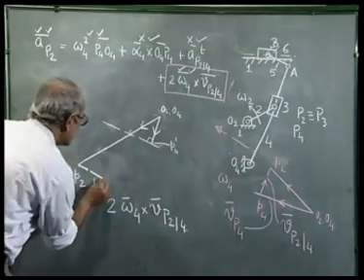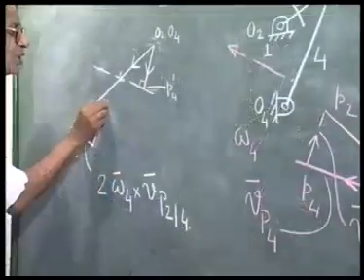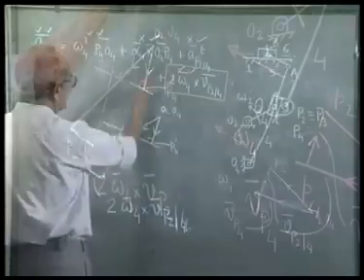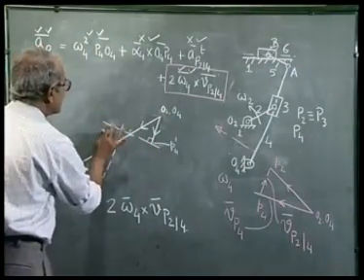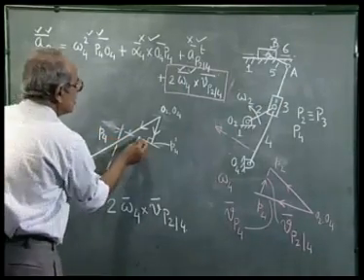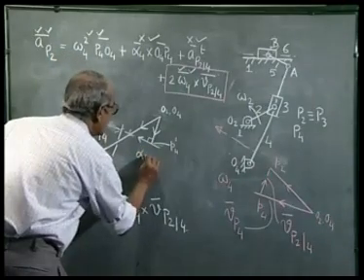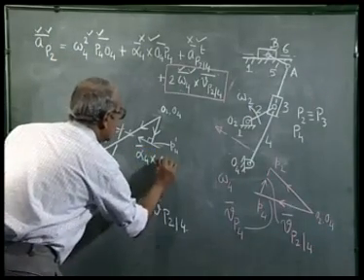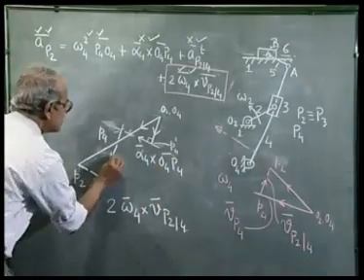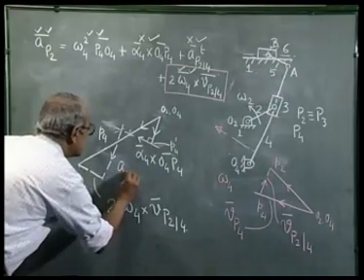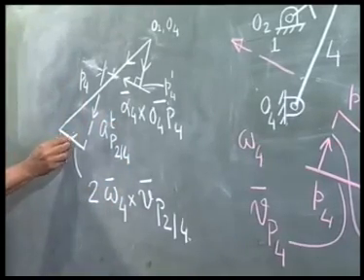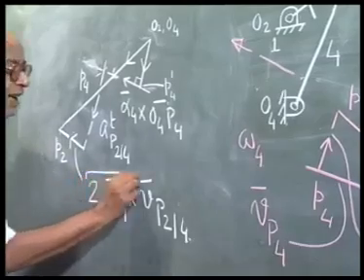So, from this point I draw a line which is parallel to O4A, and this line which we had drawn earlier to represent this vector, these two lines intersect here. So, this point I can call P4. This vector is alpha 4 cross O4P4. This vector represents AP24 tangential, and this vector represents the Coriolis component of acceleration.